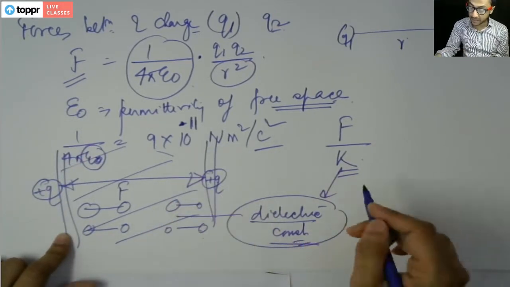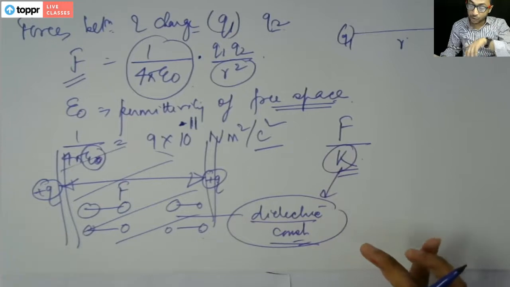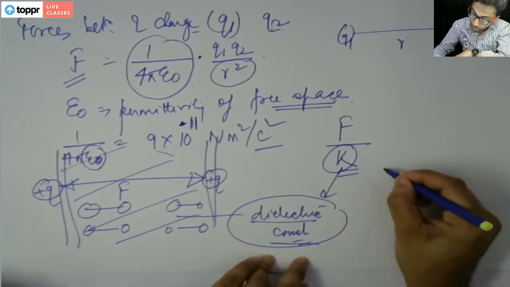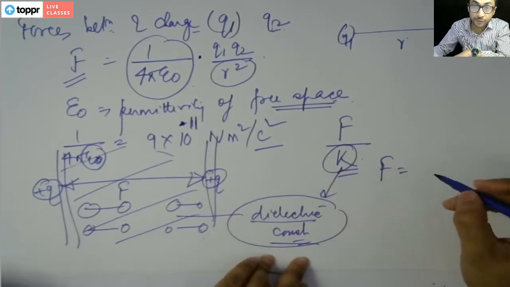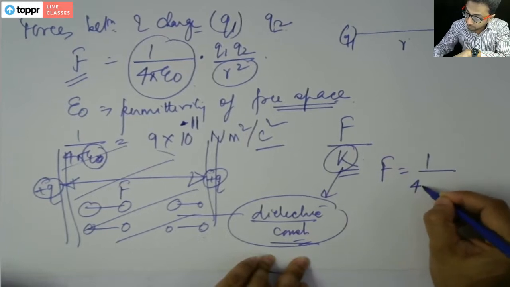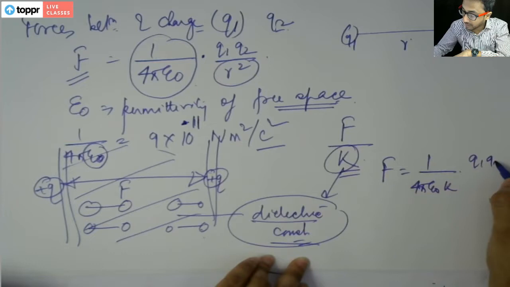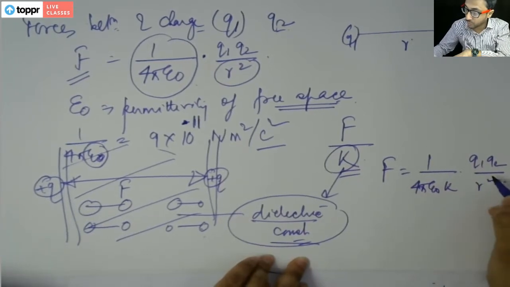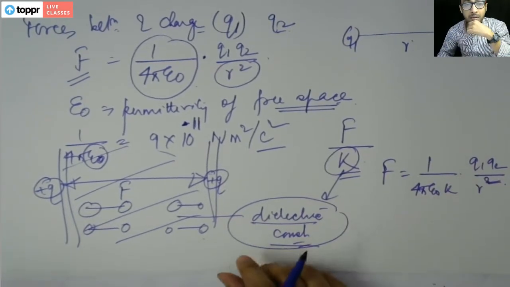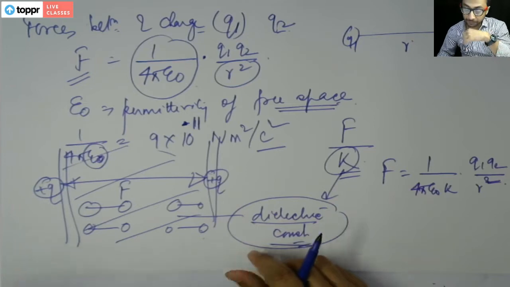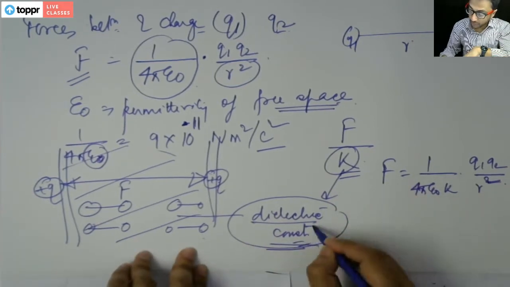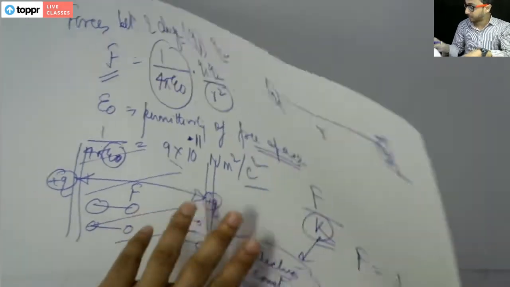So the modified value of this force becomes 1 by 4 pi epsilon 0 k times q1 q2 by r square. Got it? Where k is called the dielectric constant of the medium.